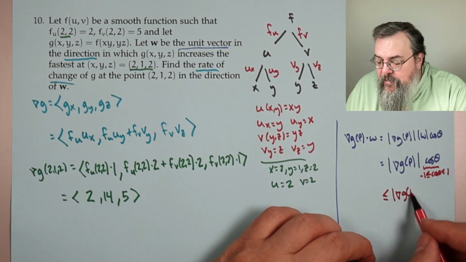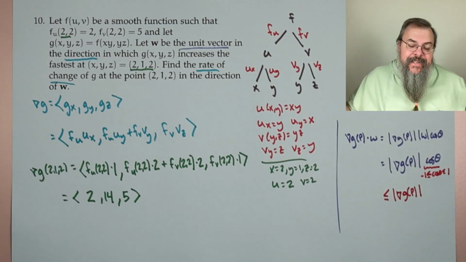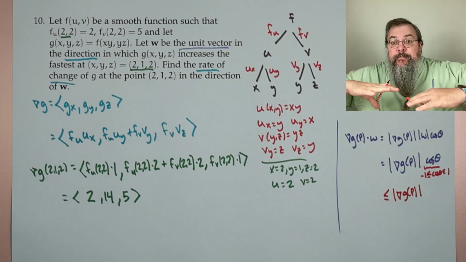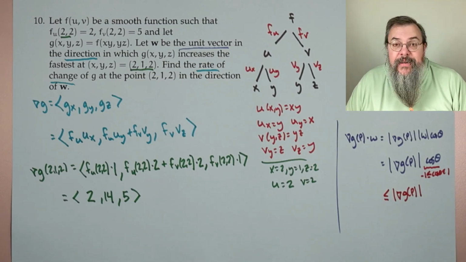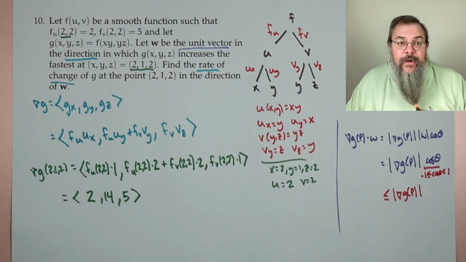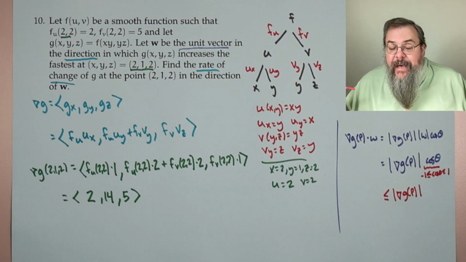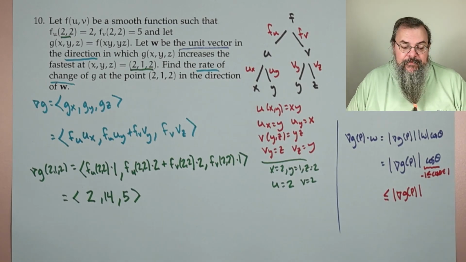So we say, oh, well, the biggest this can be is the magnitude of the gradient. So the big aha is to say, look, if I want to get the largest possible directional derivative at a point, the greatest rate of change in the direction where it's going the fastest, it's the magnitude of the gradient.